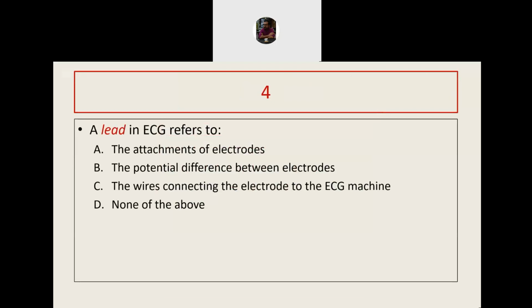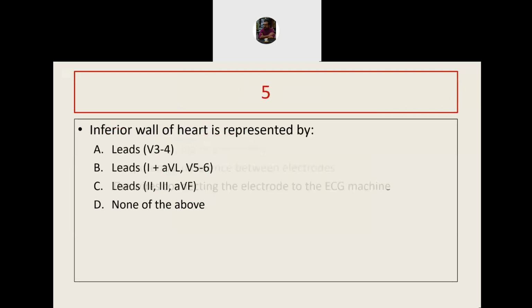What does a lead in ECG refer to? Wonderful. The potential difference between the electrodes. Inferior wall of the heart is represented by what?